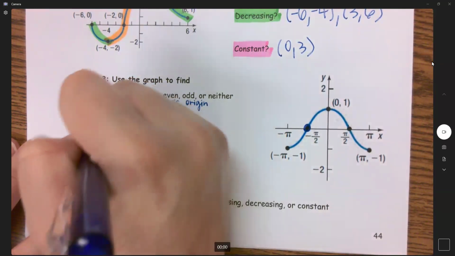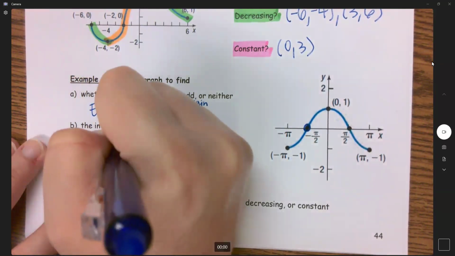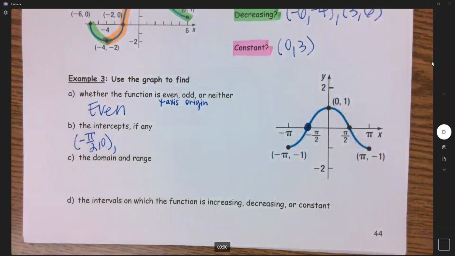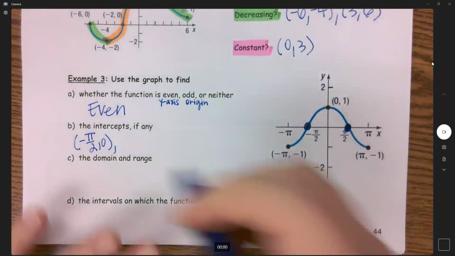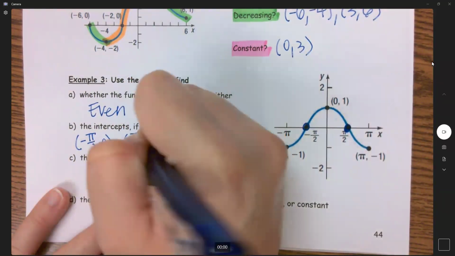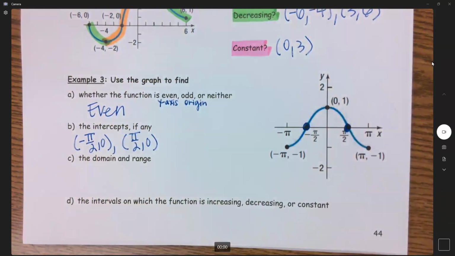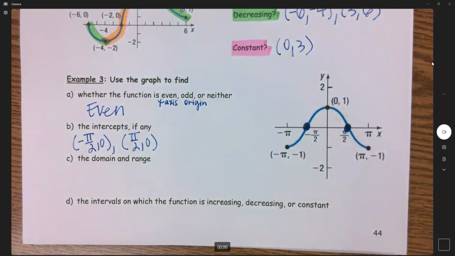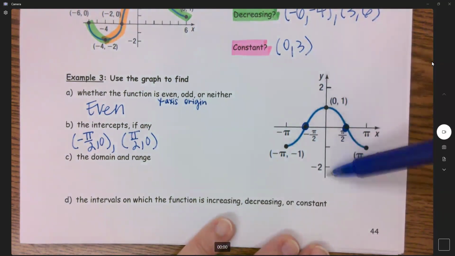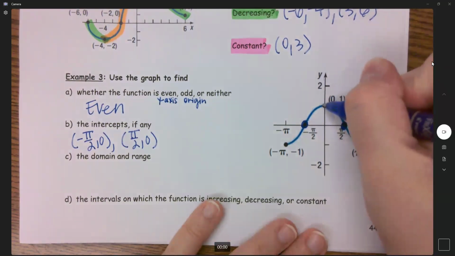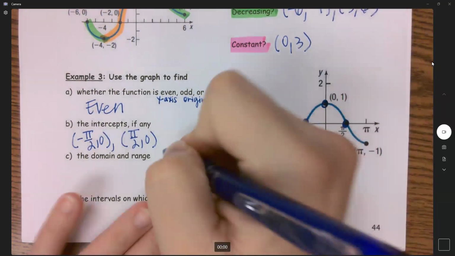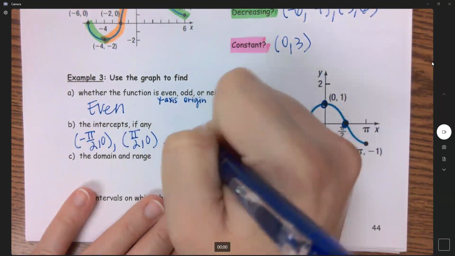at negative pi over 2, comma 0. And right here at pi over 2, 0. Then my y-intercept is where it's crossing the y-axis, and that is right here. 0, 1.